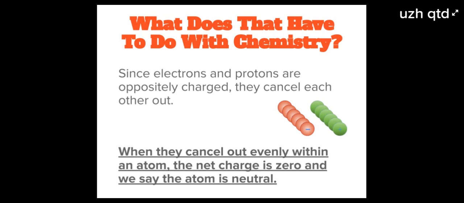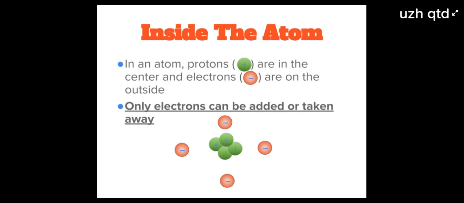When the protons and the electrons cancel out evenly inside of an atom, the net charge is 0, and we'll say that that atom is neutral. So far, we've been working with neutral atoms, atoms that have the same number of electrons as they do protons. What happens when the number of electrons changes, though?